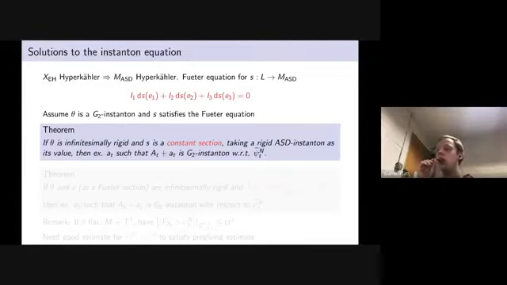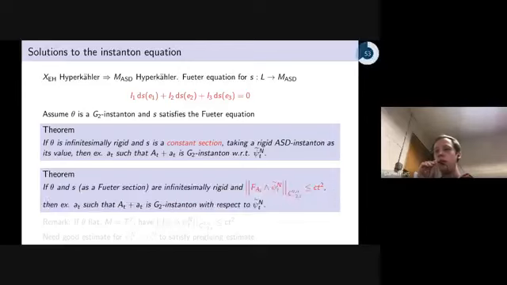Now, it's of course extremely unsatisfactory that we ask the Fueter section to be the constant section. So there's one more thing that I can say, which is not much, but a little bit more. If theta and S, now S viewed as a Fueter section, are infinitesimally rigid, and we have this pre-gluing estimate, F_{A_t} wedge psi tilde t less than or equal to t squared, then again we can perturb A_t to be a G2 instanton.